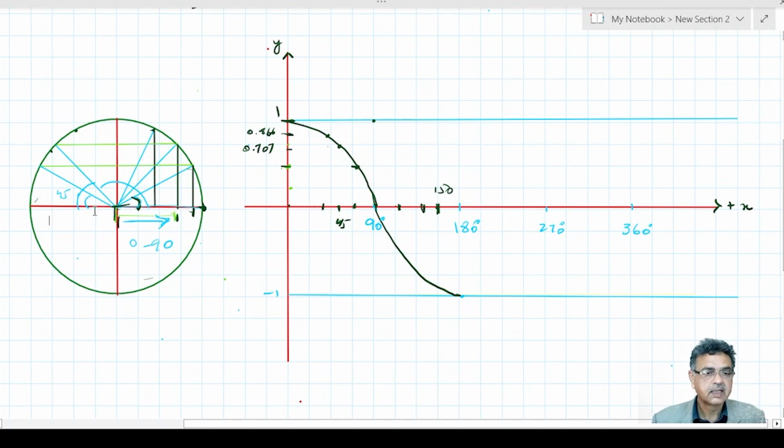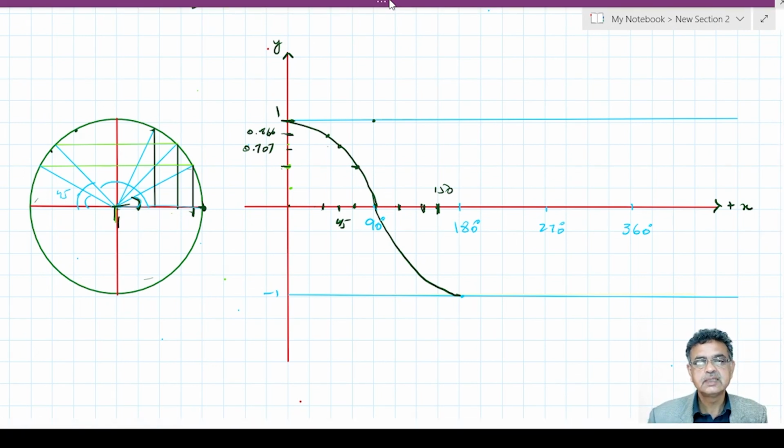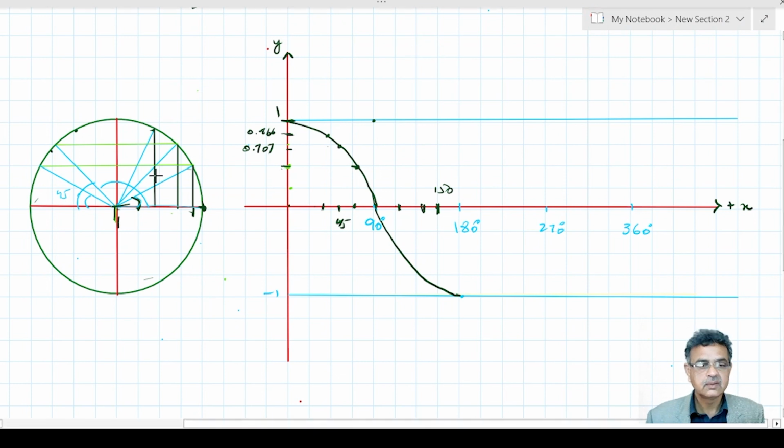But as it is on the left hand side, being on the left hand side, it will be negative. Values will remain negative, but the equivalent reference angle will have the same magnitude. Length will be the same.